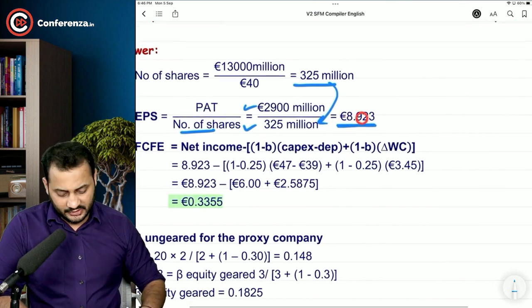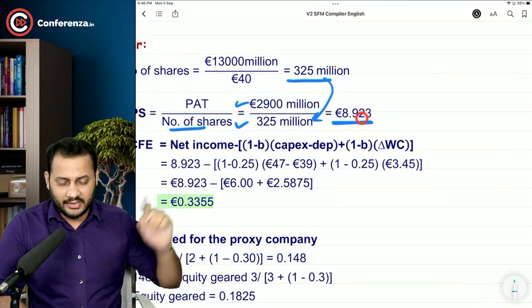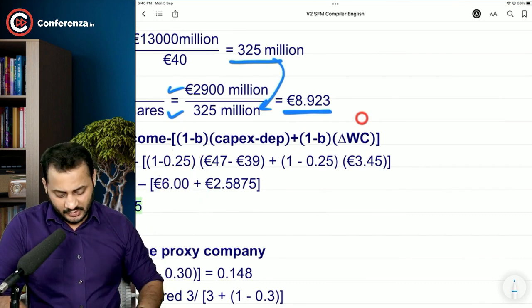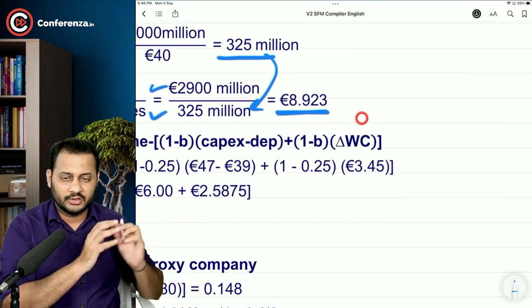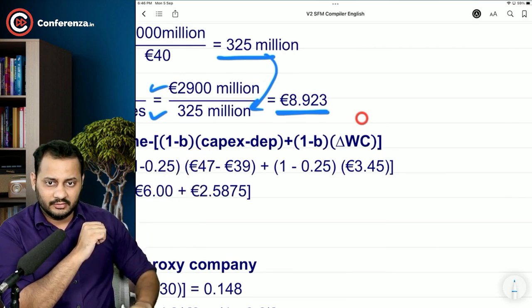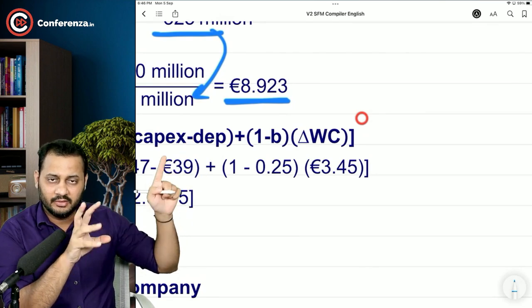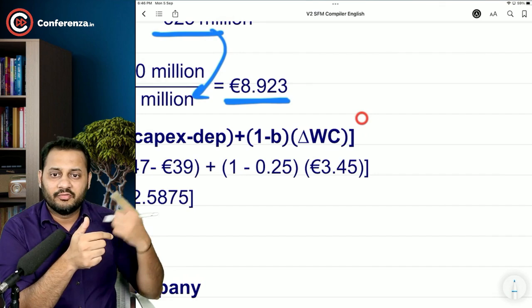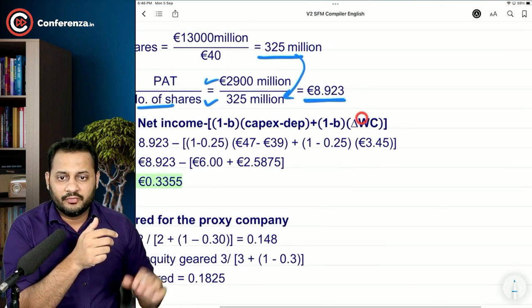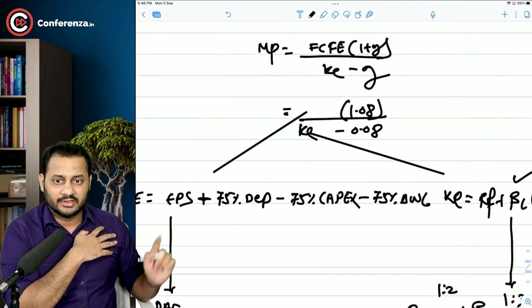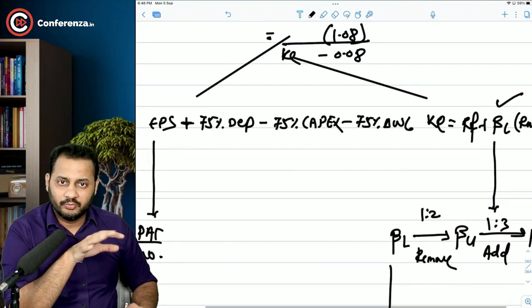Now FCFE, understand, net income minus capital expenditure, and you can clearly see this minus will change the sign of depreciation to plus. So if you go this way also, the answer will be the same, or else you can do it like this also. I will just show you both the ways.